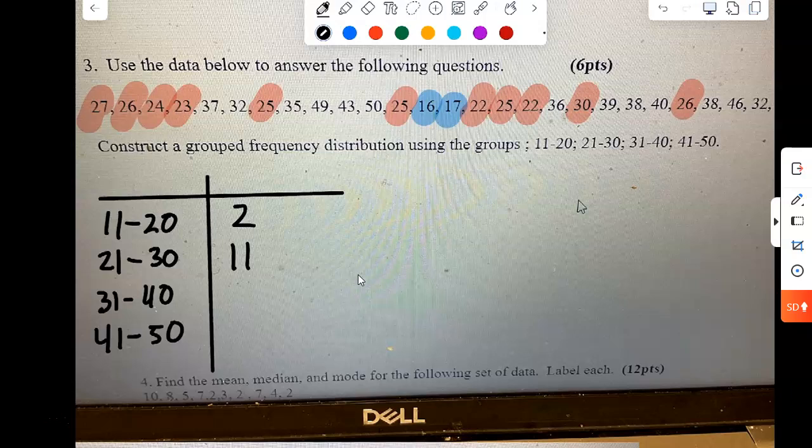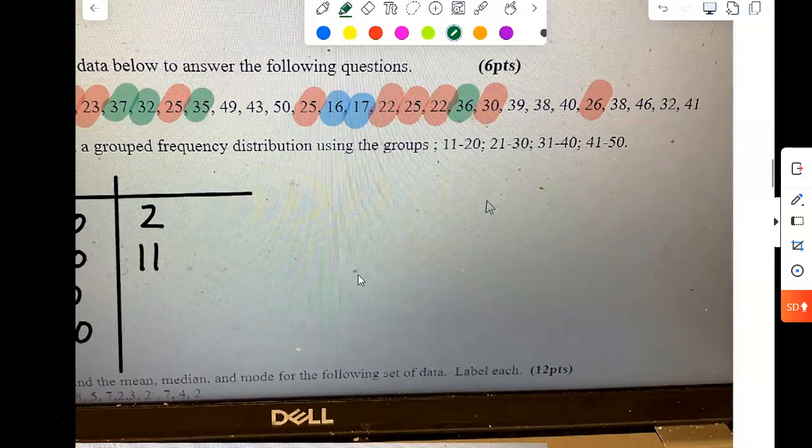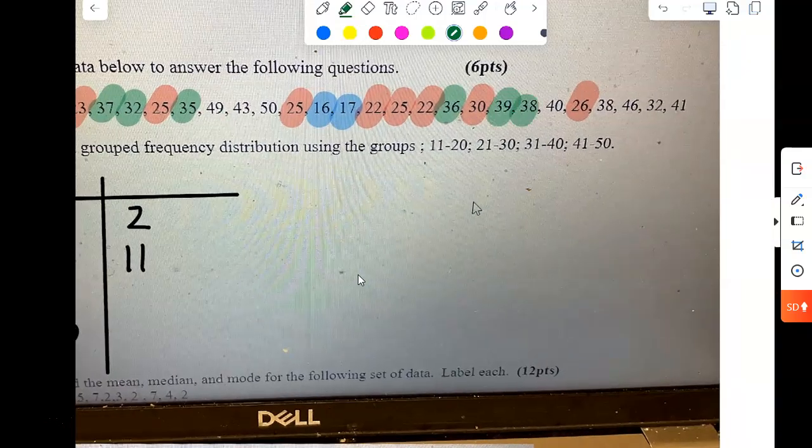Then we go to our 30s. 1, 2, 3, 4, 5, 6, 7, because we include 40, 8, and 9.